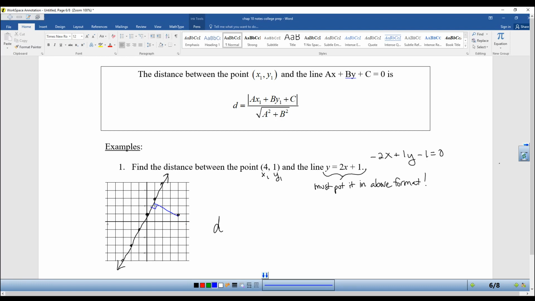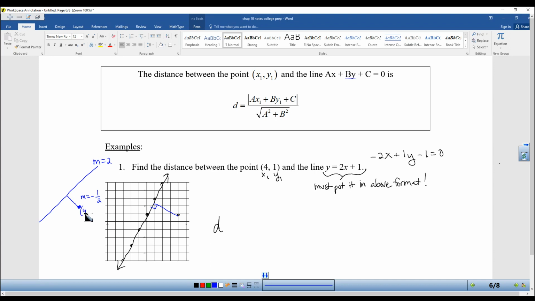So we actually did do this problem in Algebra 2, if you had me. I don't know if you remember it, but it was a little tricky because to find the distance between a point and a line, first you had to find the slope of the line, which of course we know is 2, which meant that then you could find the slope of the perpendicular line, which is -1/2.